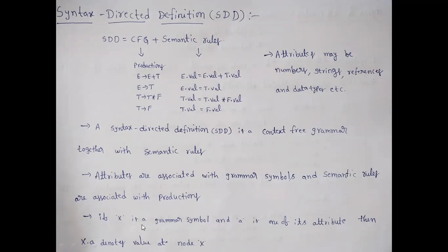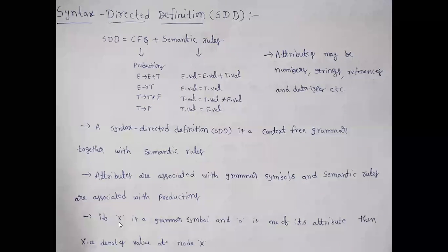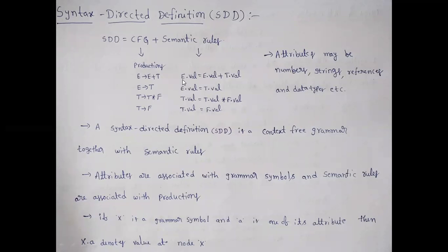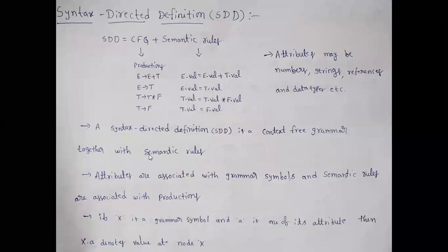If capital X is a grammar symbol and small a is one of its attributes, then we write X dot a. Here also, this is the grammar symbol and this is the attribute, so we write E dot VAL. Here X is the grammar symbol and a is the attribute.